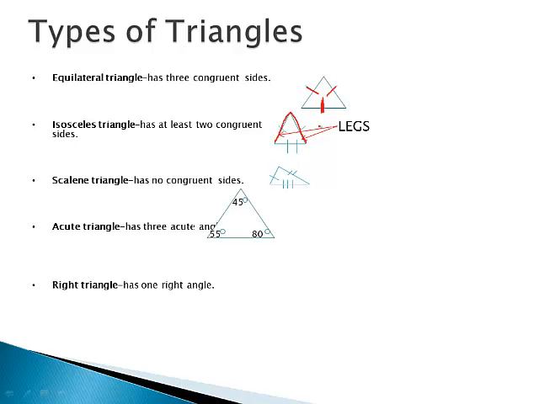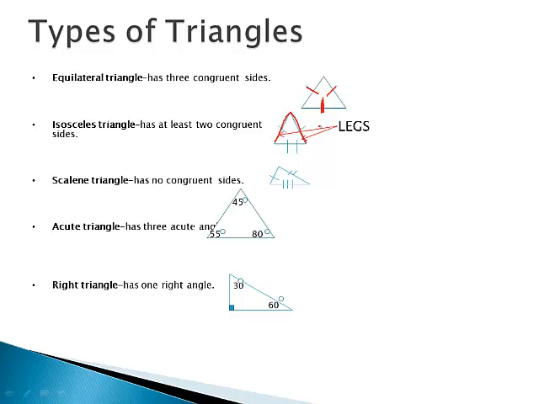The next one is a very special one, and we actually have an entire unit that's associated with this. We call this the right triangle, and it has one right angle. This is actually a special right triangle, and again, we have a unit that's established with this as well. This is also talked about in pre-calculus and calculus quite a bit. It's called the 30-60-90 triangle.